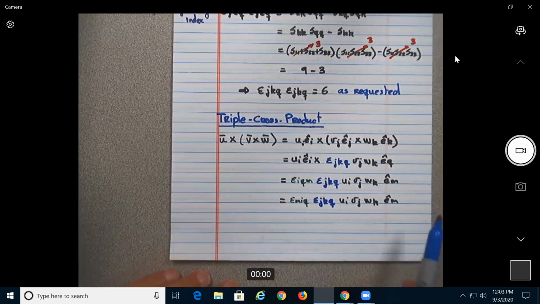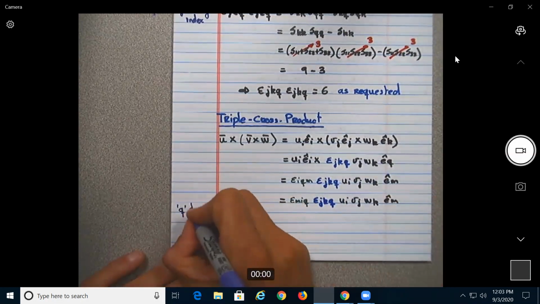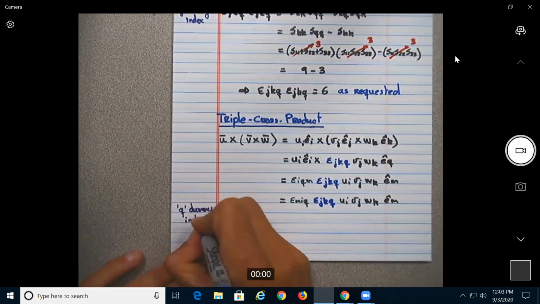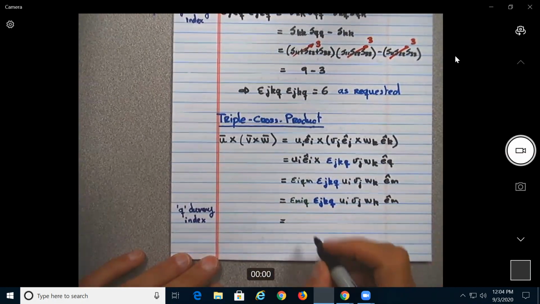So in this case, our dummy index will be Q. If we use Q as the dummy index, what do we have?